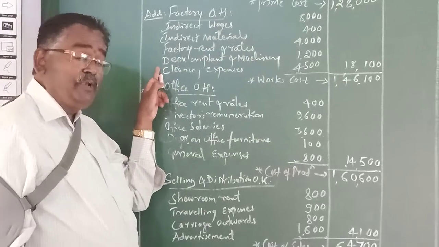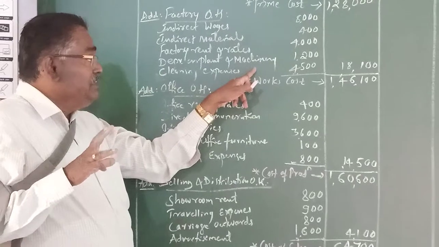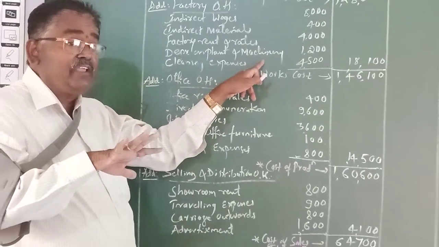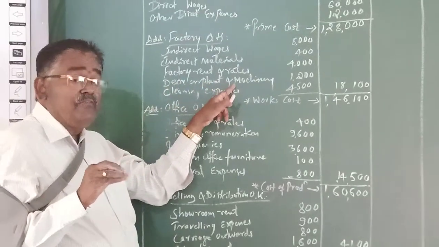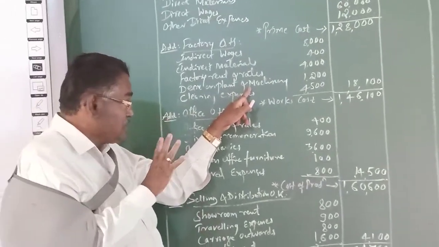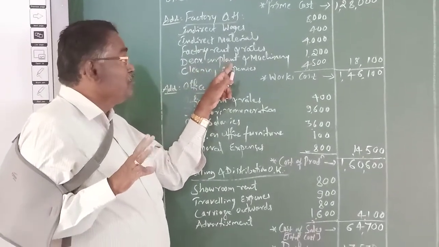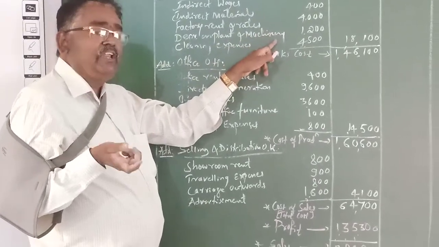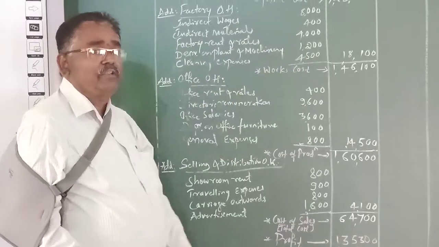Then depreciation on plant and machinery. The depreciation provided on factory plant and machinery, not office, and on factory furniture, is taken under this factory overhead, rupees 1,200.